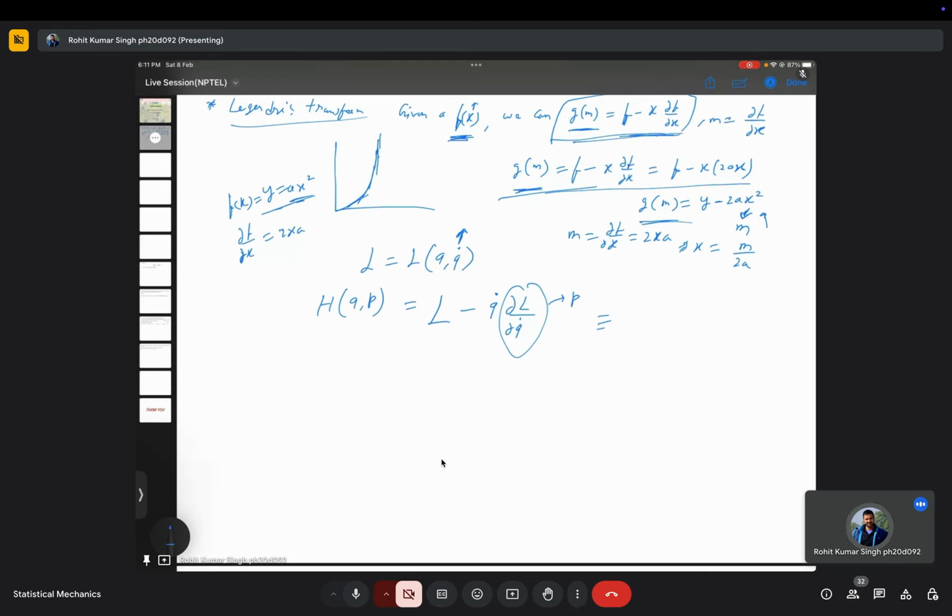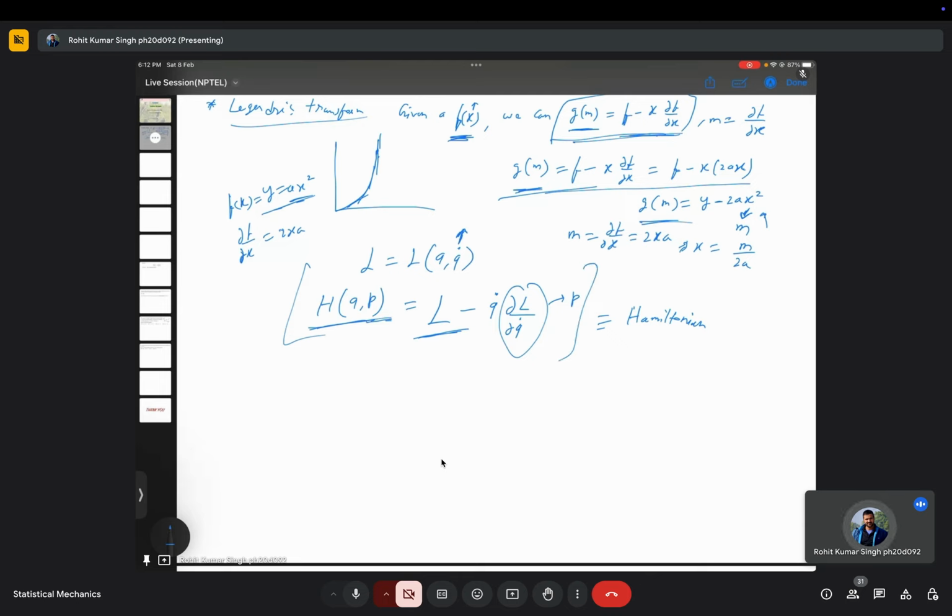This is what Legendre transformation in classical mechanics gives us: the Hamiltonian. And there is an advantage, because the equations of motion in terms of the Hamiltonian are first order differential equations, while the equations of motion in terms of the Lagrangian are second order differential equations, if you remember the Euler-Lagrange equations. So yes, this is very helpful.